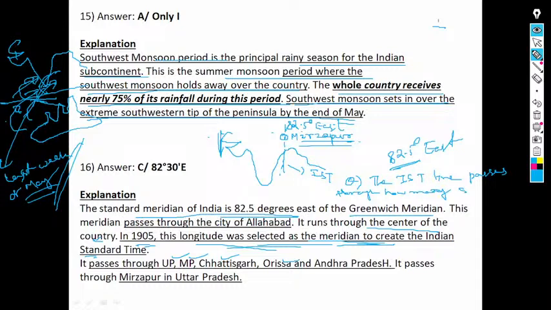IST line passes through how many states?